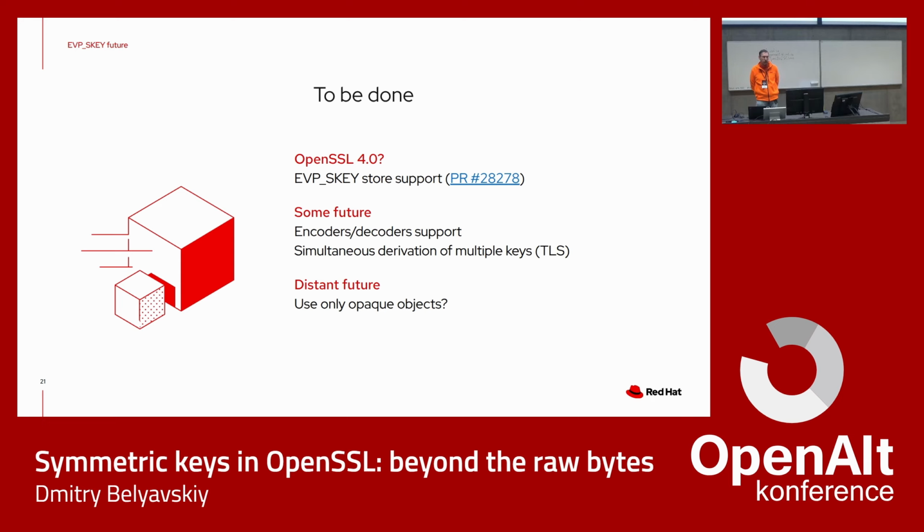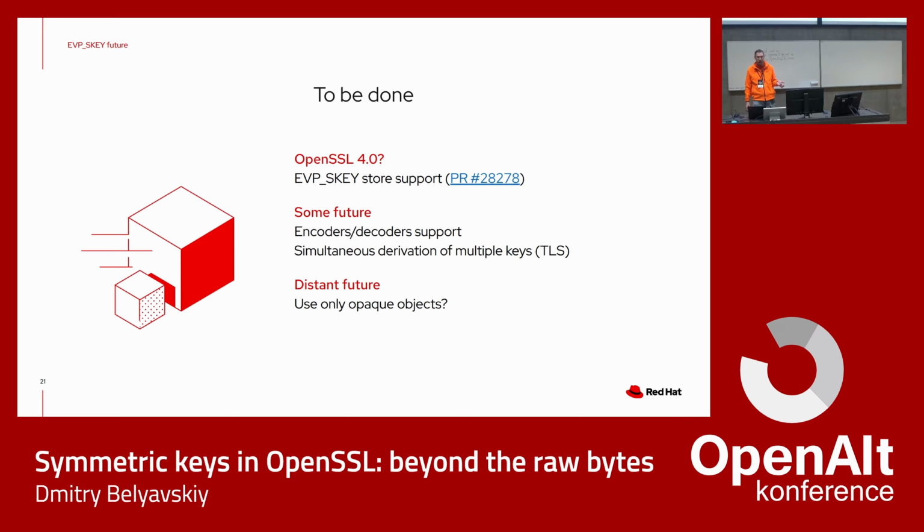And what's more important is simultaneous derivation of multiple keys. If you look at the specification of PKCS 11, you see that when you need to get the set of TLS keys, and for the TLS protocol you may need either 2 or 4 keys, you have to derive them simultaneously. Currently, OpenSSL derives a big buffer of necessary length, and then chops it into parts.